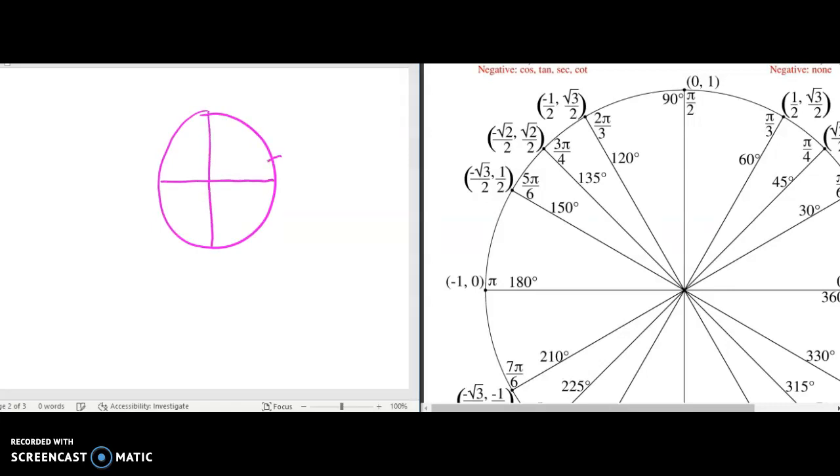So a 30 is square root of 3 over 3, and a 150 is the same, only it's negative square root of 3 over 3. A 210 is positive square root of 3 over 3, and a 330 is negative square root of 3 over 3.